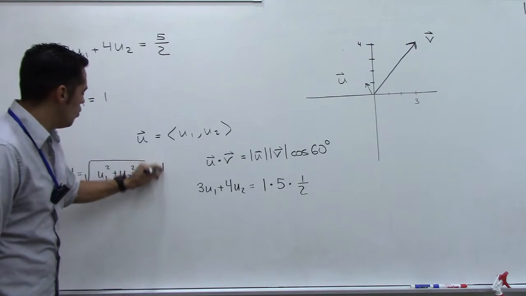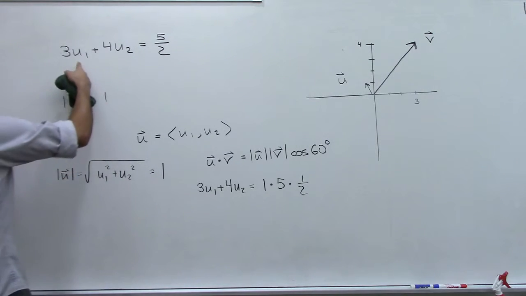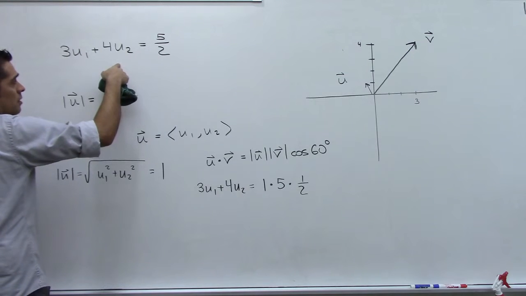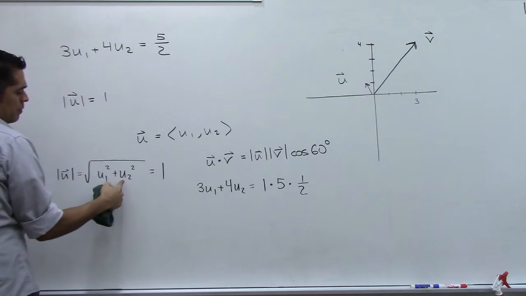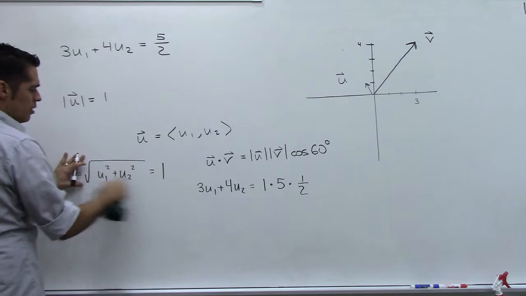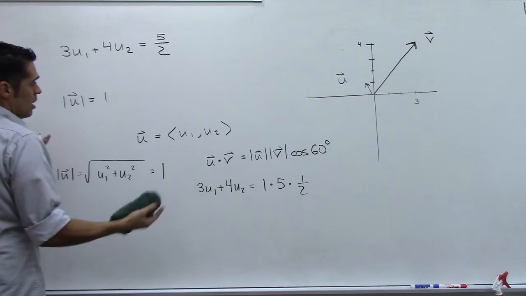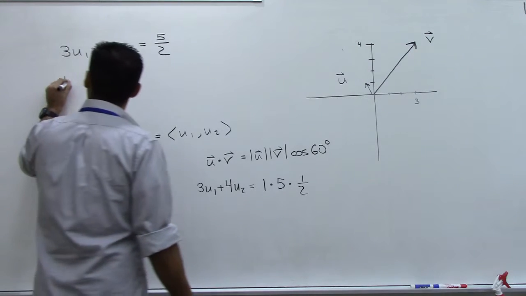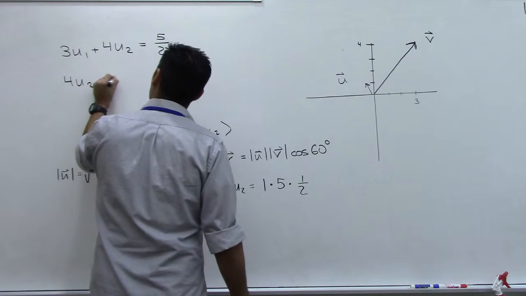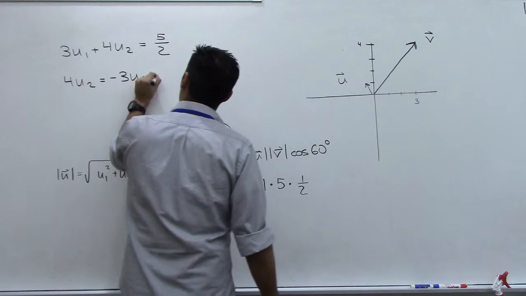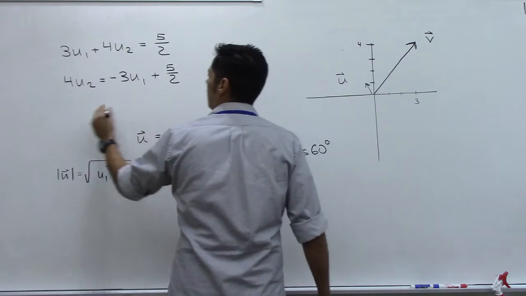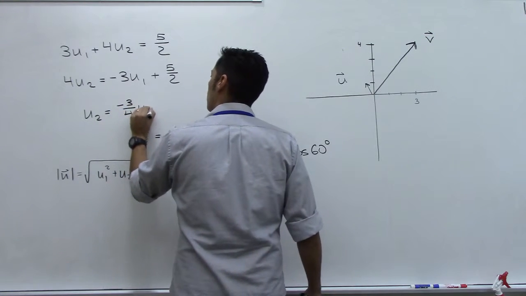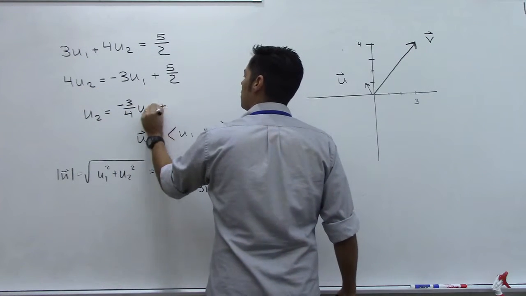That needs to be equal to 1. I have an equation that contains u1 and u2, so let's solve it for u2. We'll replace that in here, and then we'll have an equation with just u1 in it, and I should be able to solve it. So solving for u2, you get 4u2 equals negative 3u1 plus 5/2.